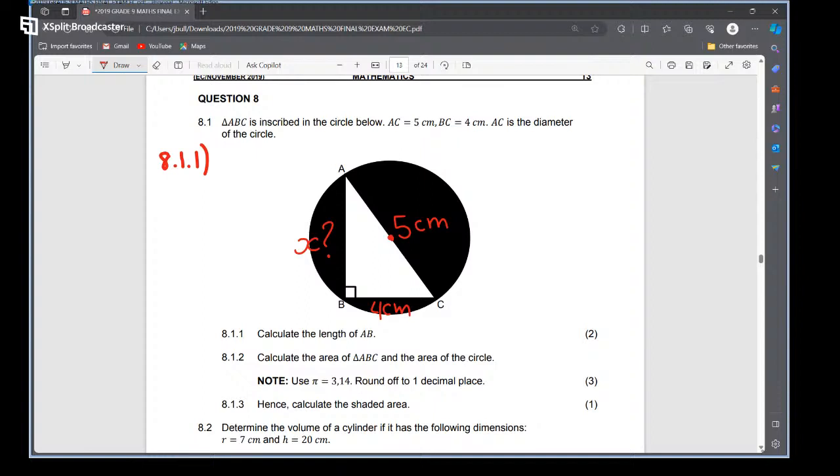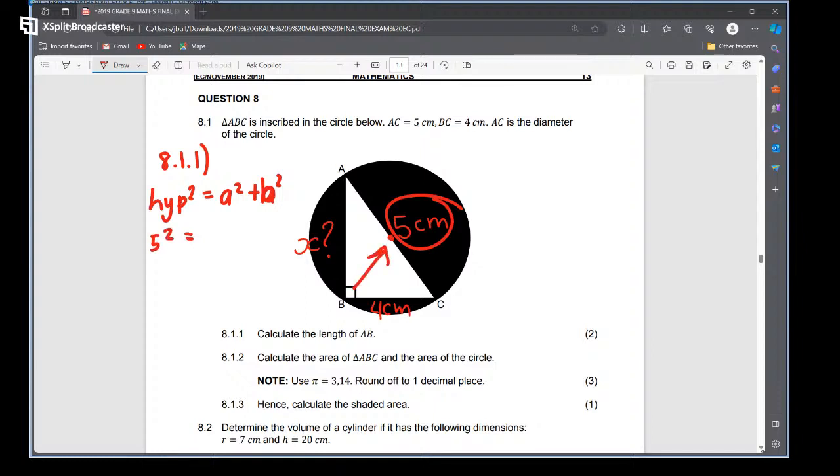So Pythagoras is always, I try to remember it as the hypotenuse, so the longest side of the triangle, squared is equal to the other sides of the triangle squared. Okay, sorry, that's B. So what we can say here, the longest side of the triangle is this one. Okay, so we can say 5 squared. The reason we know that's the longest is the longest side is always opposite that right angle.